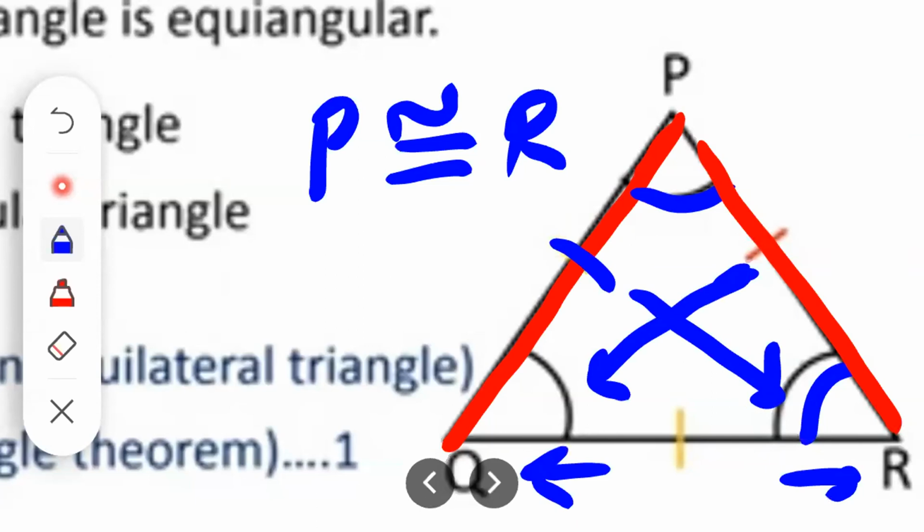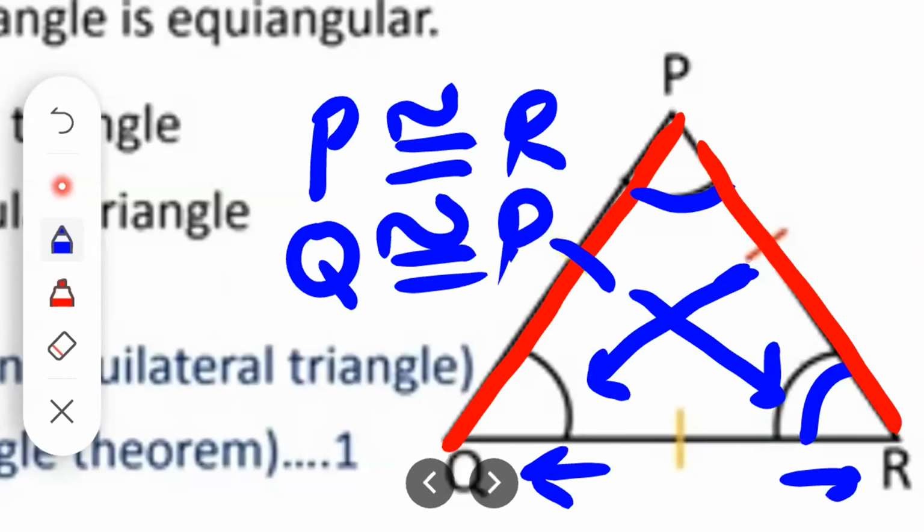So in the second pair, angle Q is congruent to angle R.